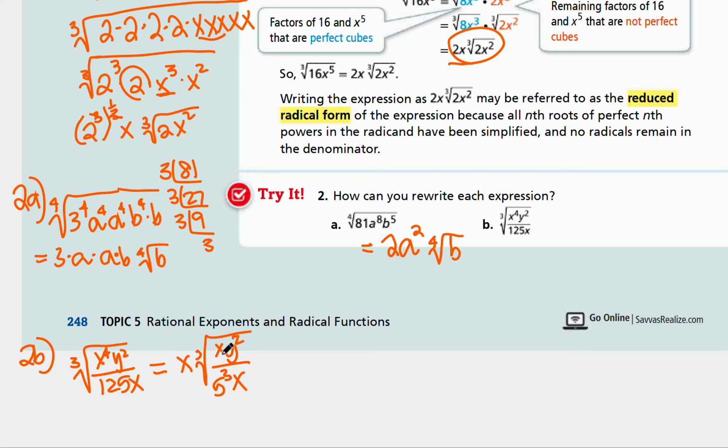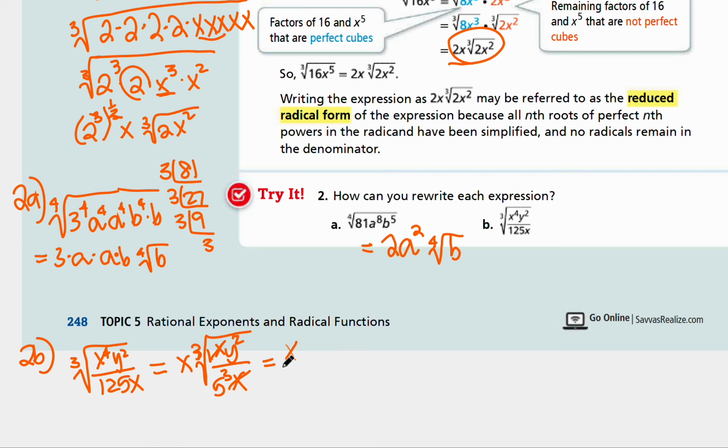And then you can still simplify. X divided by x is 1. And then 5 to the power of 3 will have a power of 1 over 3. So powers property says you have 5 to the power of 1. So you have 5. This is 1 over 5 though, right?